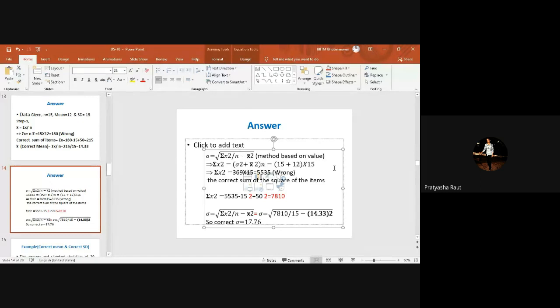It is difficult to write the notation, that's why I just put 2 instead of square. Sigma equals square root of summation of x square divided by n minus x bar square.